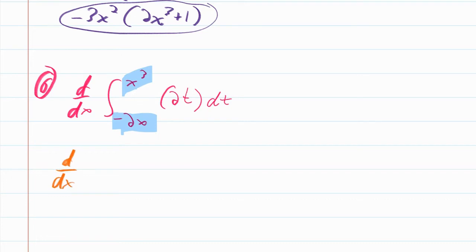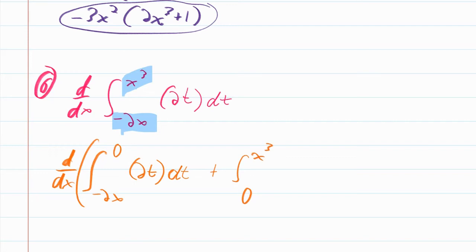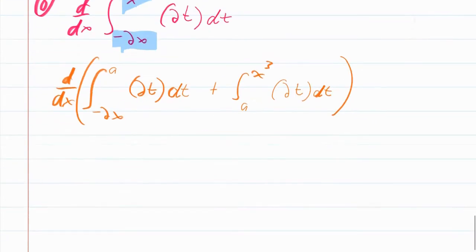We're going to take the derivative of, and I'm going to split this into two integrals. First one's going to be from negative 2x to 0 of 2t dt. And the second one is going to be from 0 to x cubed. And really, I don't need to use a 0. I can just use an a value. As long as that a is constant, it doesn't matter. So I'm proving what I'm doing by splitting this into two different integrals, and then taking the first one and flipping it around.